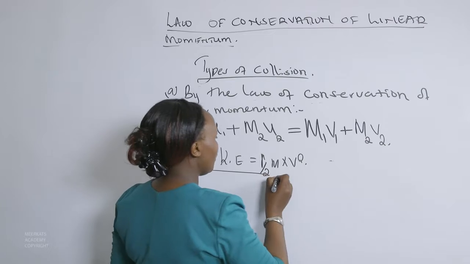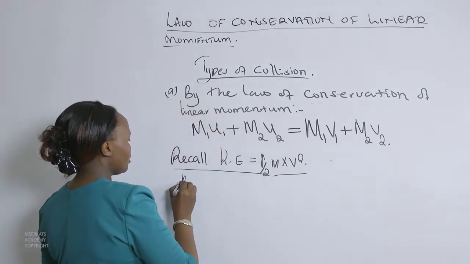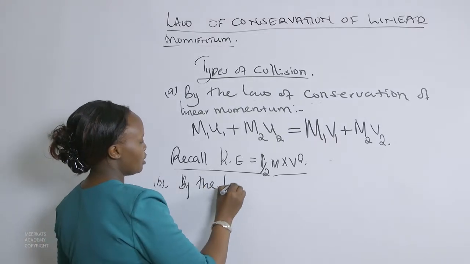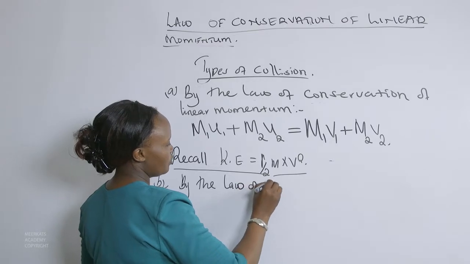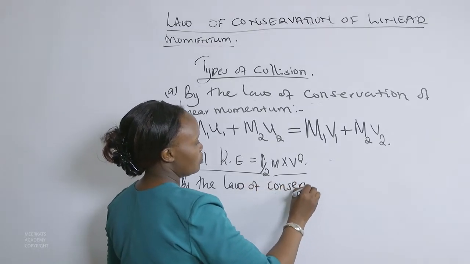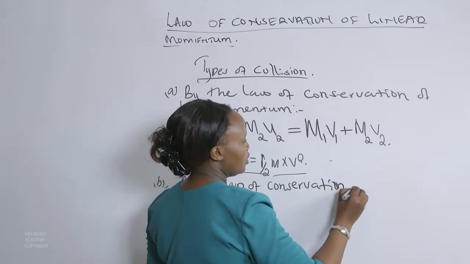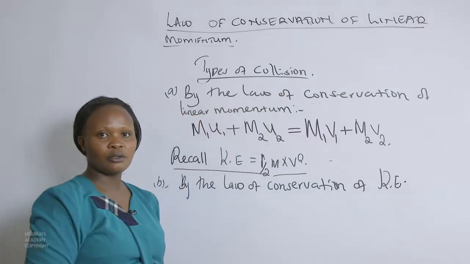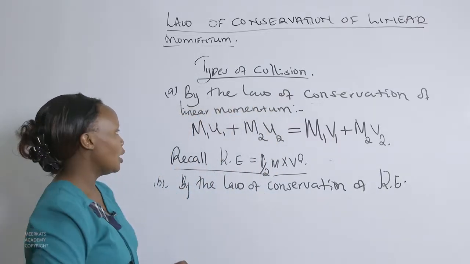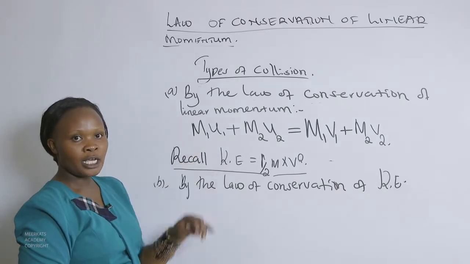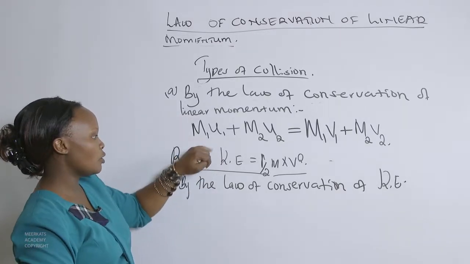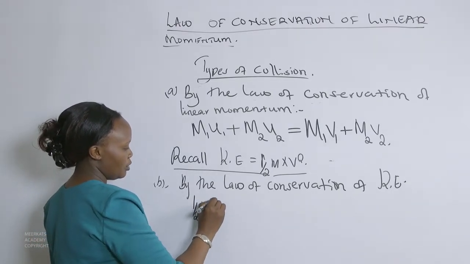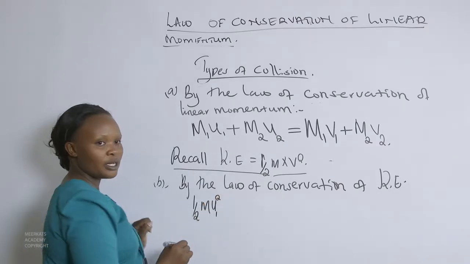So in our case here, this is part B, by the law of conservation of kinetic energy, for m1, kinetic energy before the collision was a half m1u1 squared.